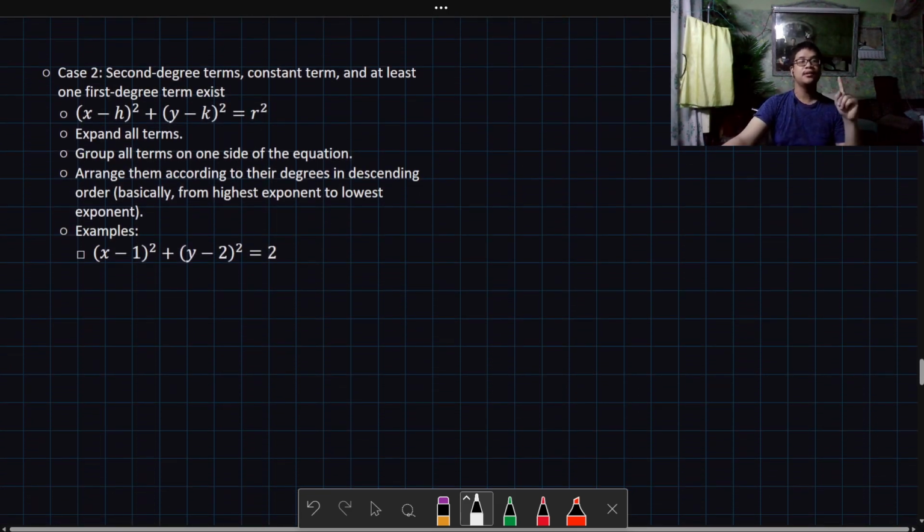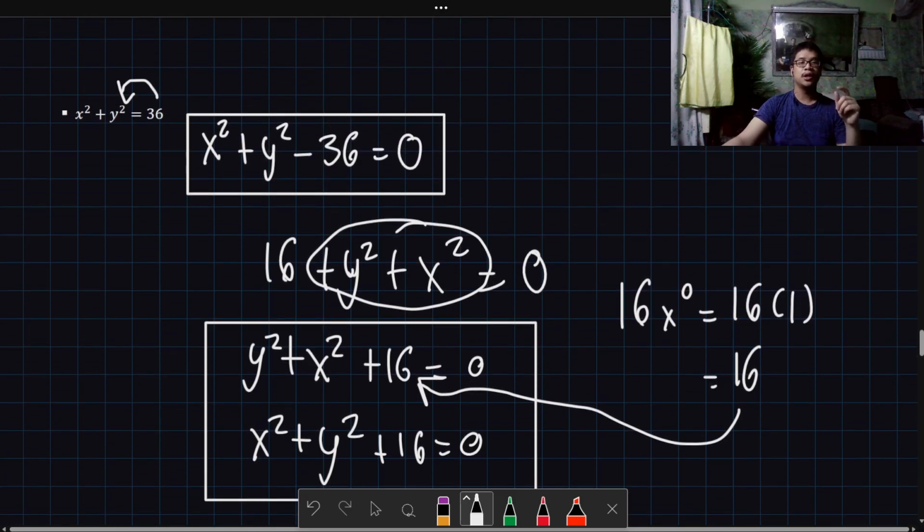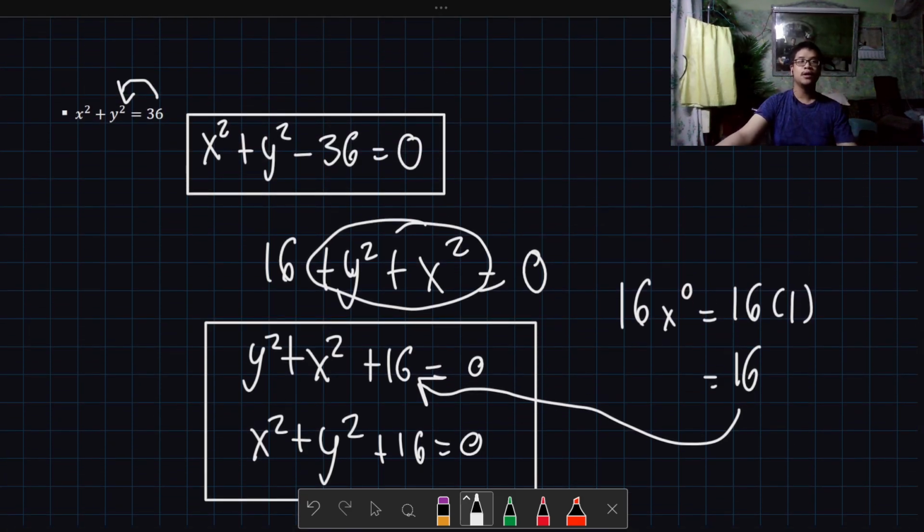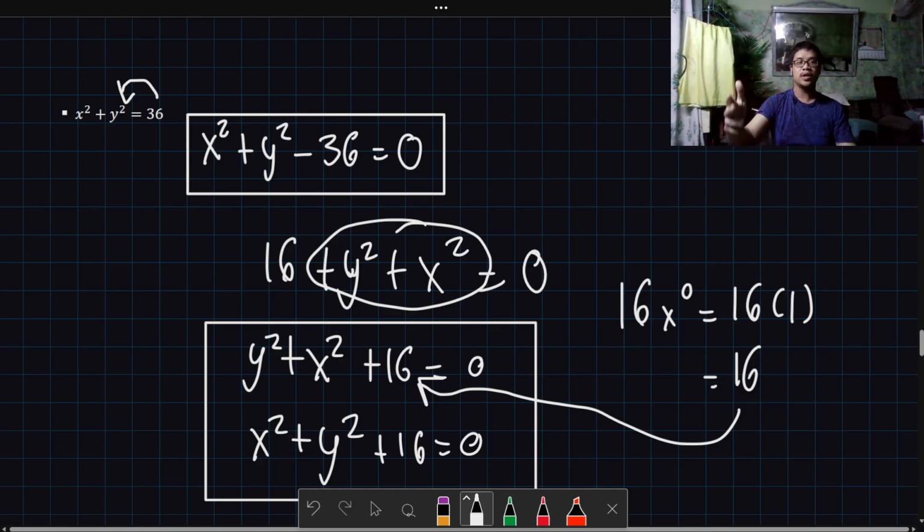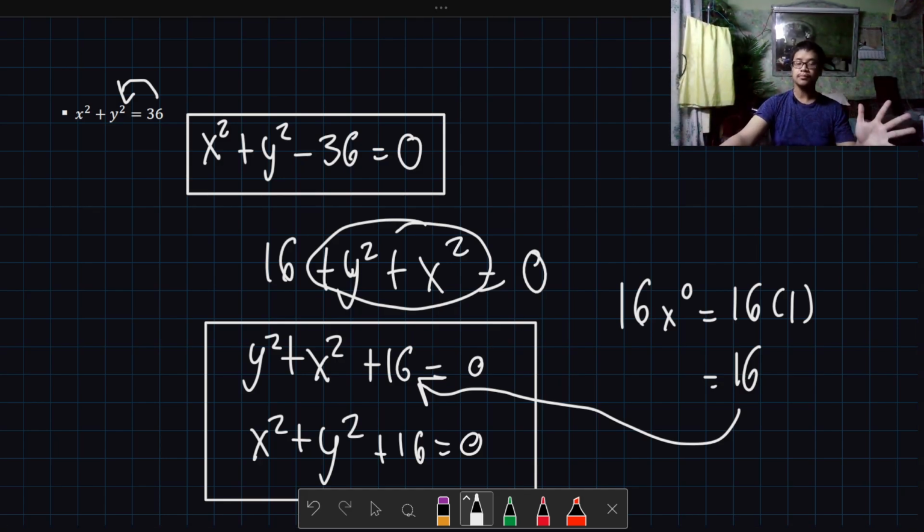So, good thing that we know how to convert the given standard form, where it is x squared plus y squared is equal to 36. That's it. What I mean is that we know how to convert standard form to general form if we have x squared, y squared, and a given constant term.